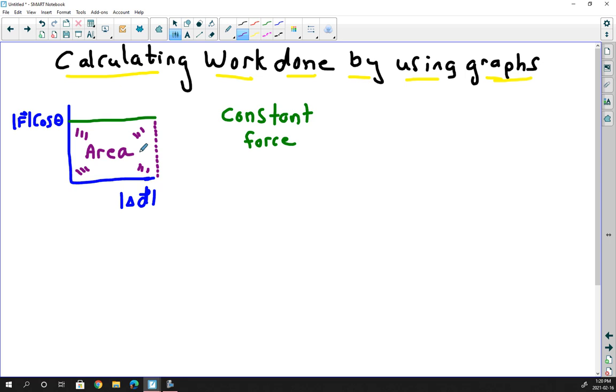You calculate the area. And remember, when we calculate area here, it's length times width because it's rectangular, right? The area here would be equal to length times width. Well, what's the length? Well, the length is along here, right? It's along this axis, so it would be so many joules. So we would represent that by this.